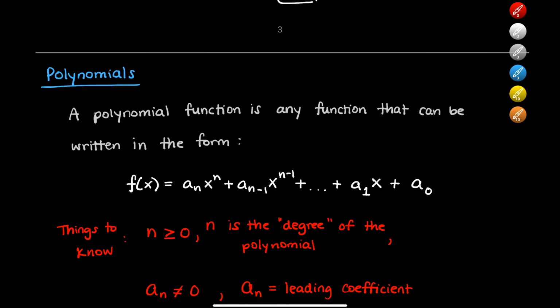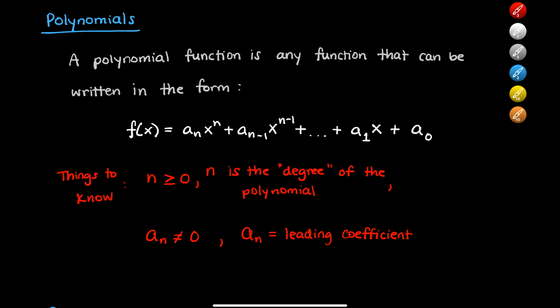And so now we're going to talk about polynomials. So, a polynomial function is a function that could be written in the form of f of x is equal to an times x to the power of n plus an minus 1 times x to the power of n minus 1, and it goes so on and so forth till we get to a1 times x plus a0.